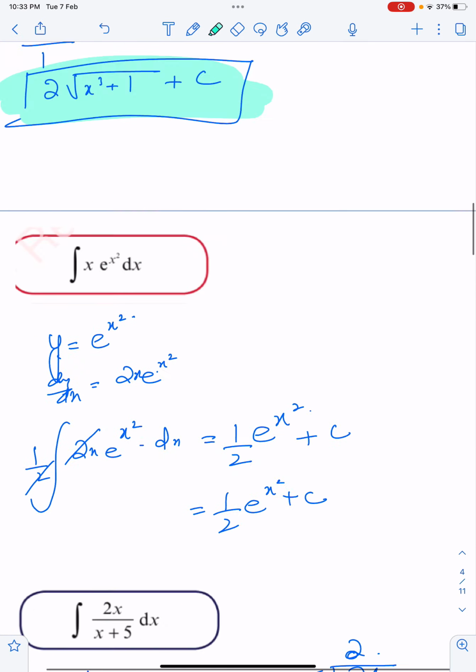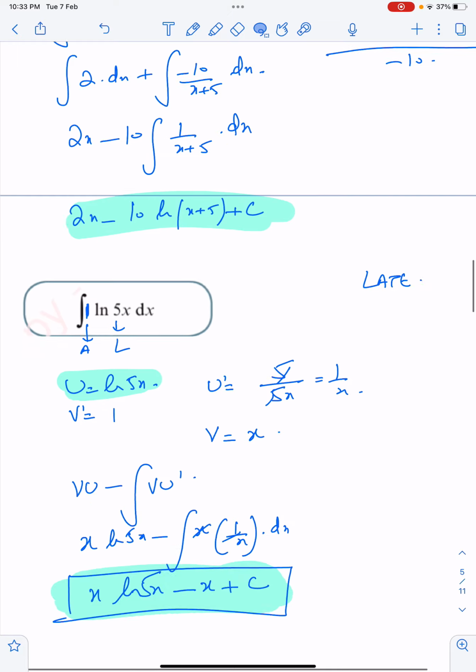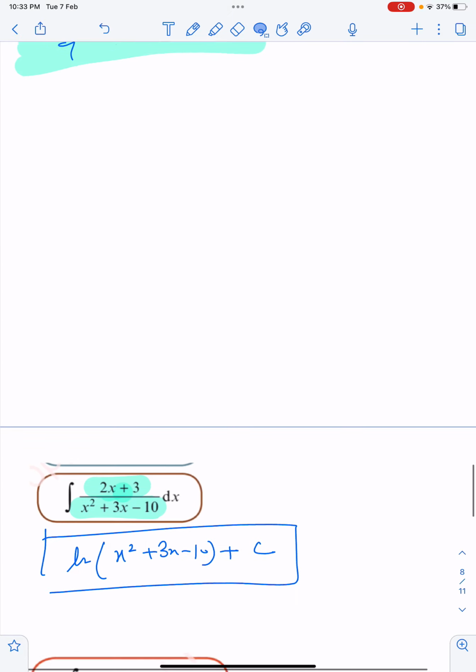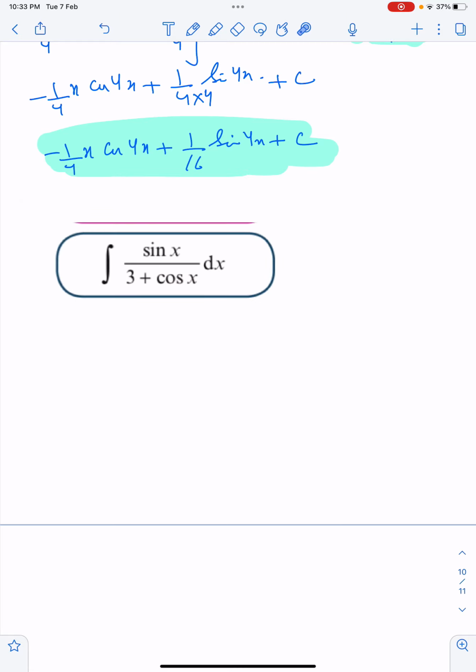Okay, just one more question to go now. This is this one. Here we can see that the differentiation of cos x is found, which is negative sin x. sin x is already there, only negative is missing.